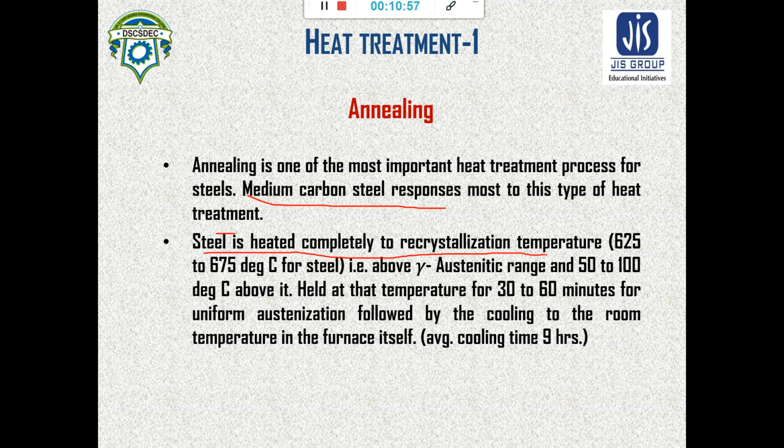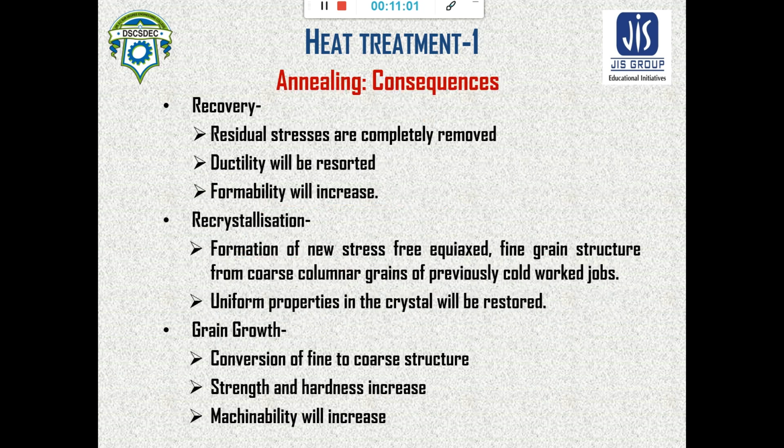By slow cooling, what can we achieve, or what are the consequences of our annealing process? The consequences of the annealing process are first recovery, secondly recrystallization, and third grain growth. In the case of recovery, what is happening? Residual stress can be generated by machining or by forming.